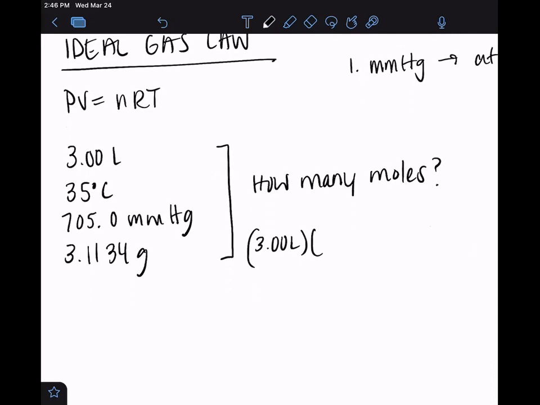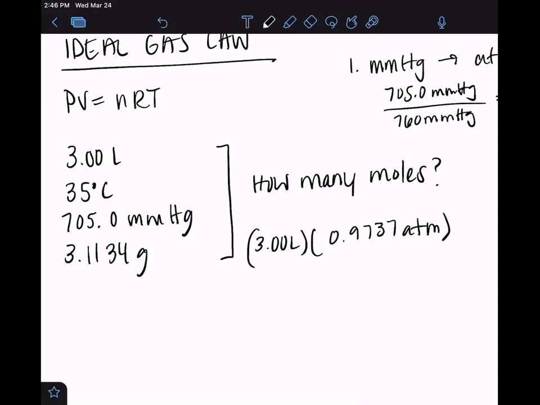So we'll take this, 705.0 millimeters of mercury, and we're going to divide that by 760 millimeters of mercury, and that's going to give me an atmospheric pressure. Okay, so that's the first thing you have to do. And so from there, you'll get 0.9737 atmospheres. Okay, and again, you'll have to know what R is, always going to be 8.314.